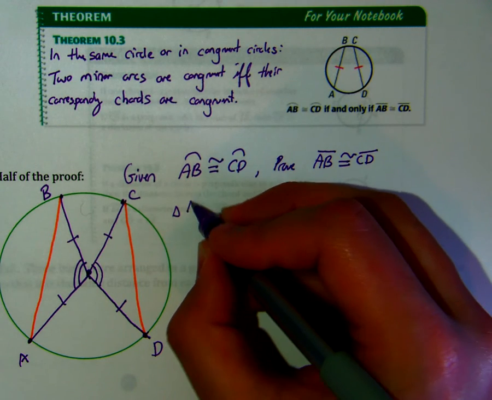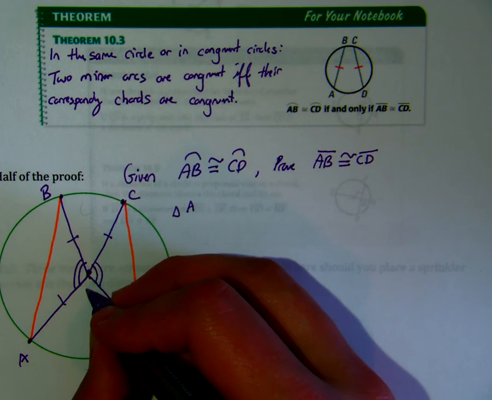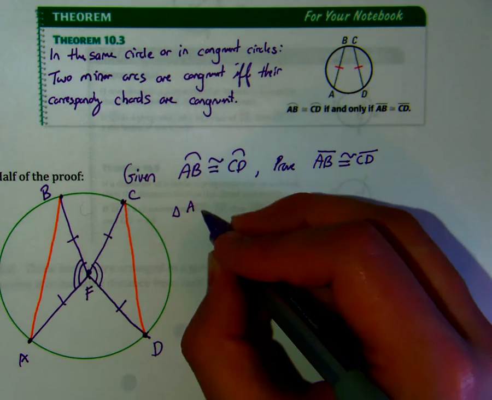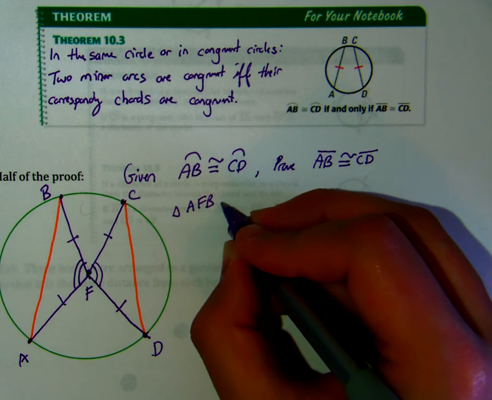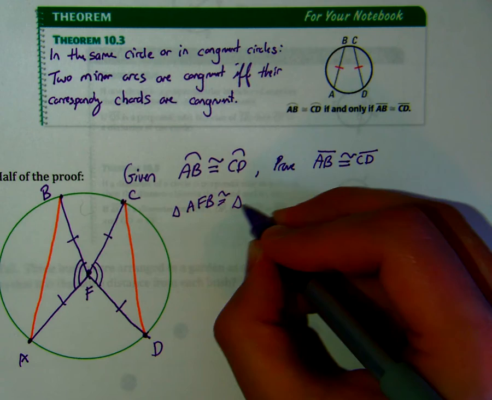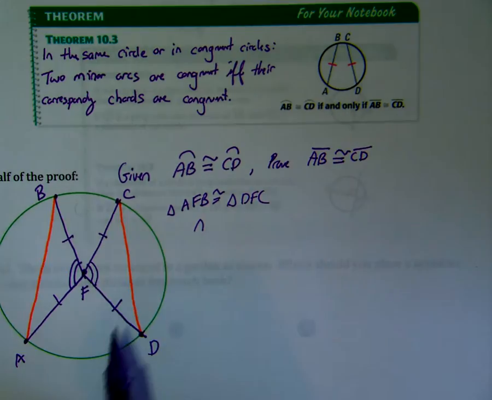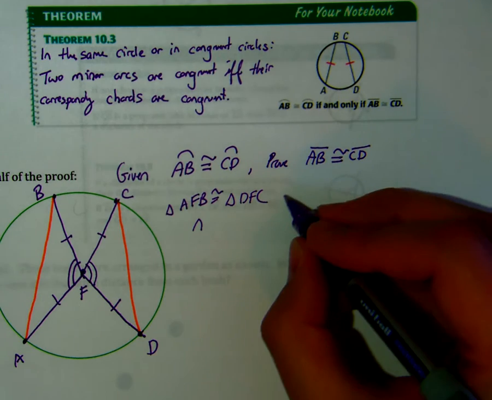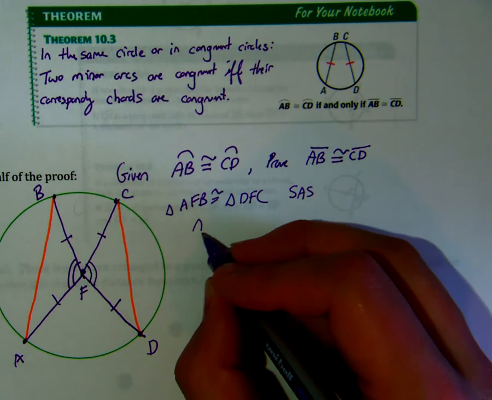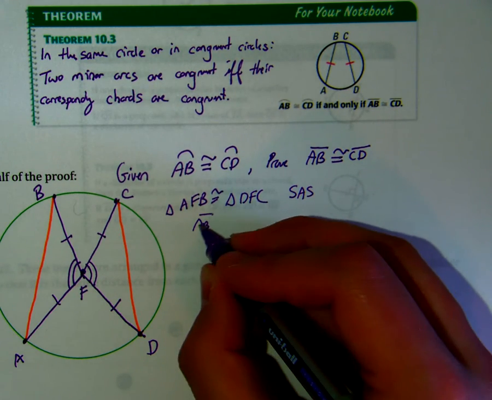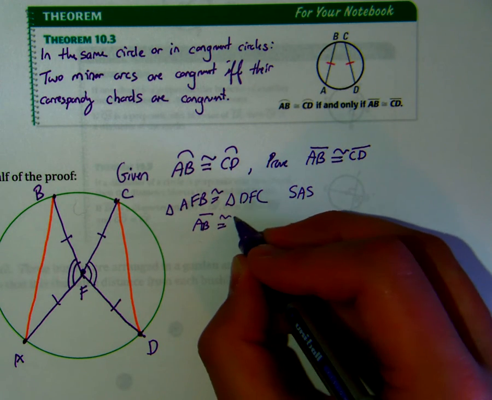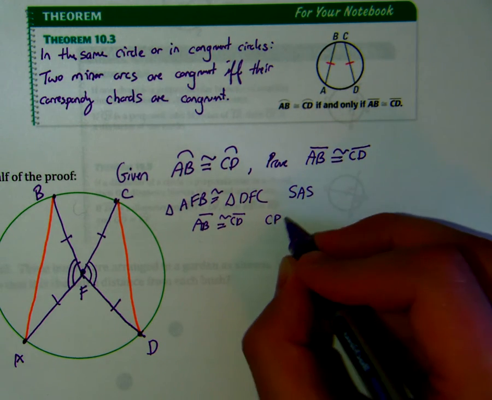So triangle, I'll make up a circle center here, we'll call it F. AFB is congruent to triangle DFC, by side angle side, and so that means that AB is congruent to CD by CPCTC.